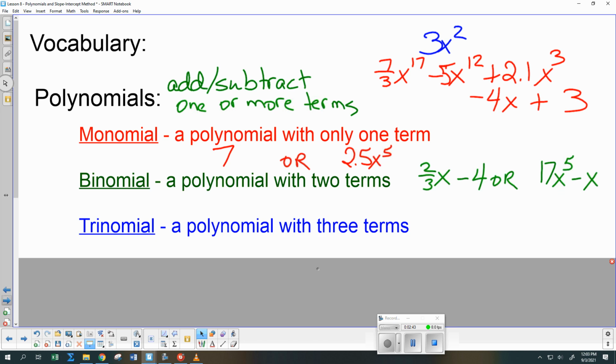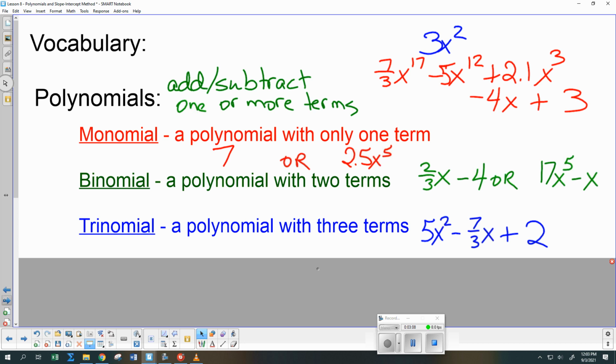So a trinomial is a polynomial with 3 terms running around in it. So maybe 5x squared minus 7/3 x plus 2. And then if we have more than 3 terms, we just say a polynomial with 4 terms, a polynomial with 5 terms, a polynomial with 6 terms.